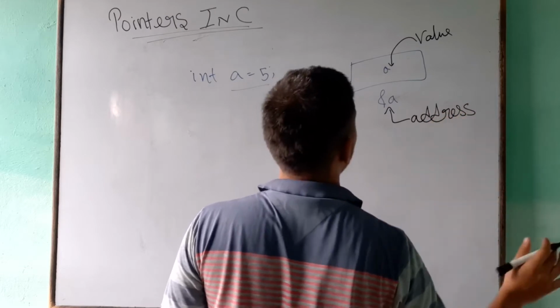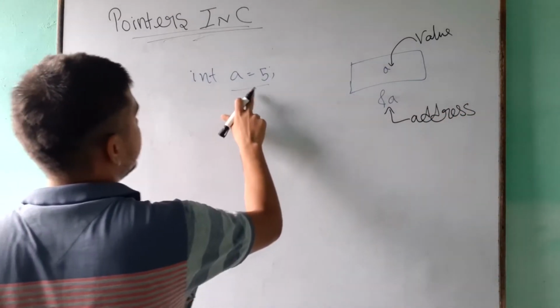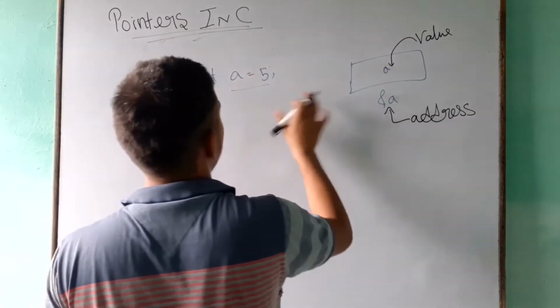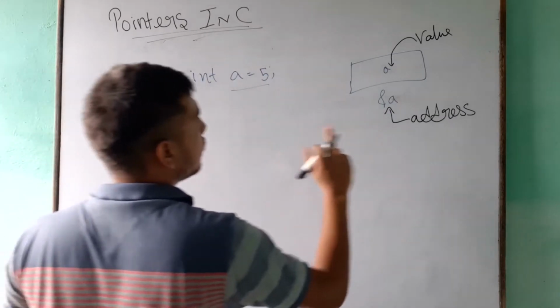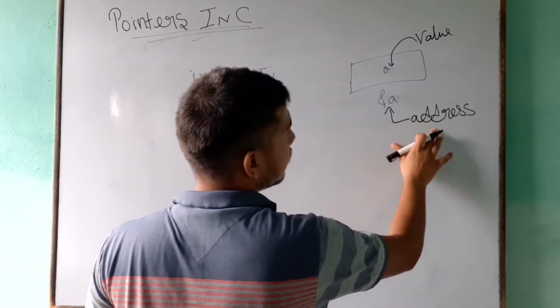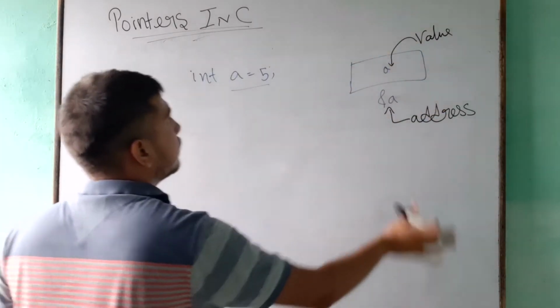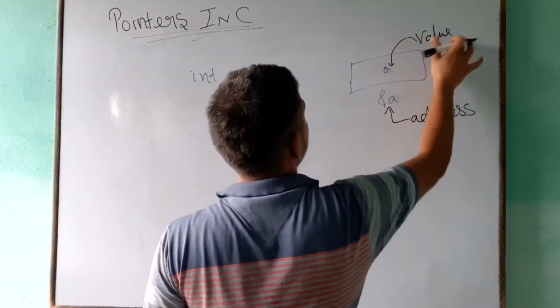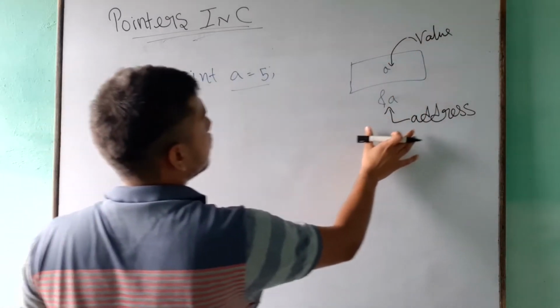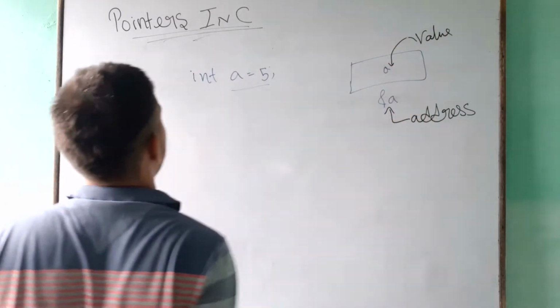Whenever I'm defining a variable, whether it is a pointer variable or any sort of variable, it will have some address and some value. We will see later how this could even change, but let's say for now that it will have some address and some value.